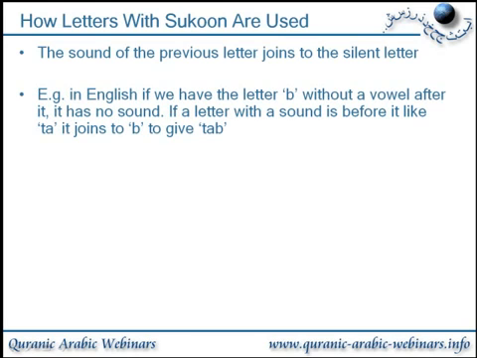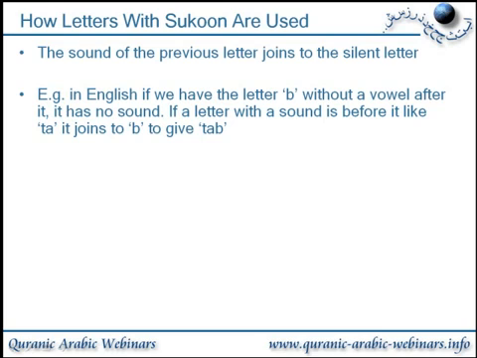In English, if we have the letter B without a vowel, so a vowel in English is the A, I, O, U, E, then if a letter like B has no sound after it, it has no sound.